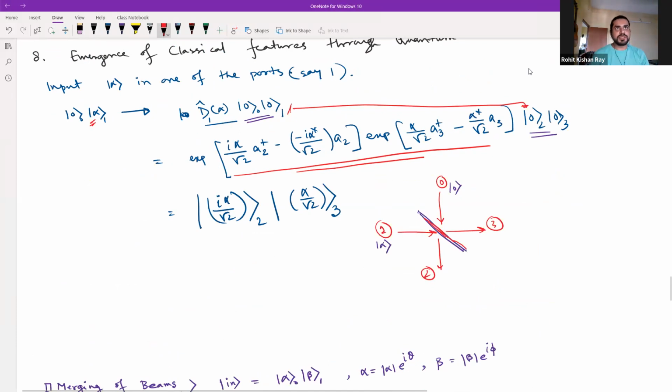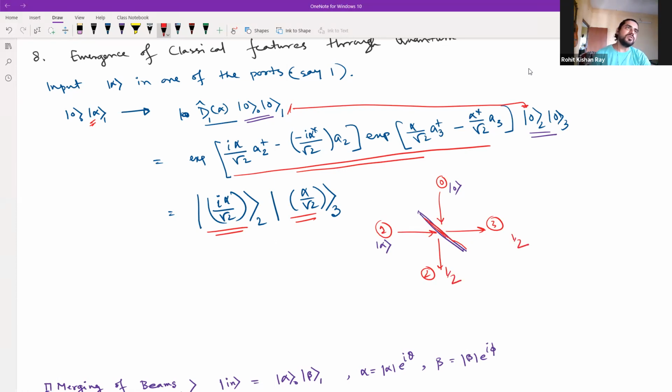So once we have this expression, and remember we can write it in this form because A2 and A3, these two commute, they're independent, and that is why we can write this expression in this product form. Once we do that, we can write it in the i alpha by root 2 state. And what it says is that quantum mechanically, the probability goes half here and half here.